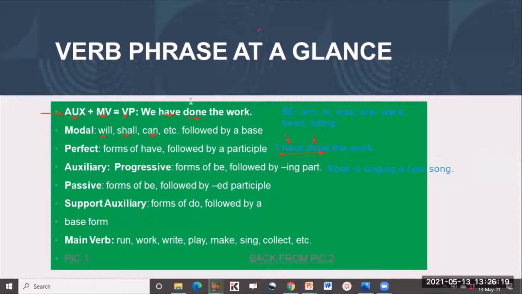So in that case, when we look at this particular sentence, let's try to analyze it.